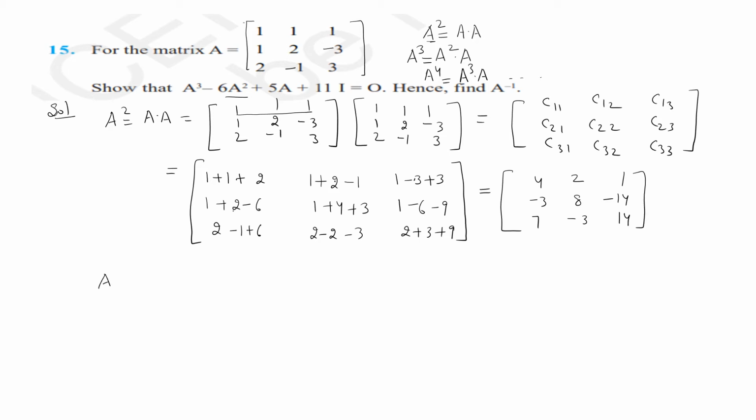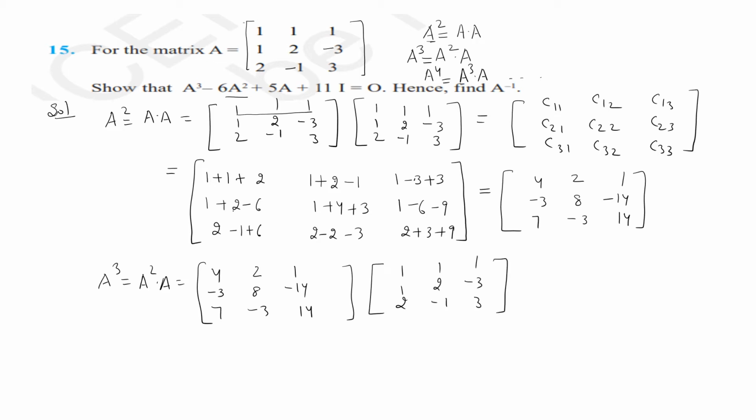Now let us find A cube. A cube is A square into A. A square is the matrix we just found: 4 minus 3 7, 2 8 minus 3, 1 minus 14 14. Now this matrix is to be multiplied again with 1 1 2, 1 2 minus 1, 1 minus 3 and 3. Okay, so let us multiply. Again this will be 4 plus 2 plus 2.